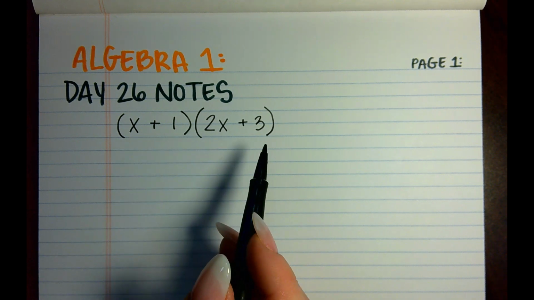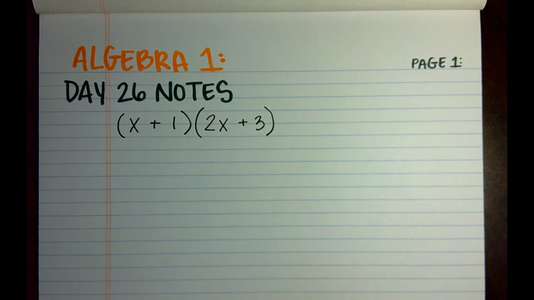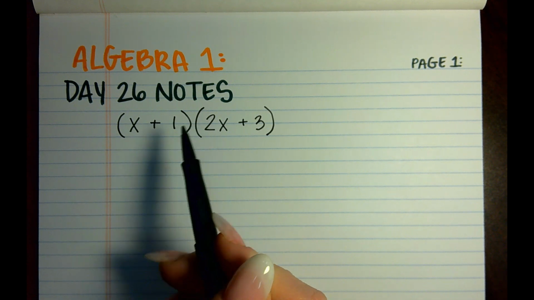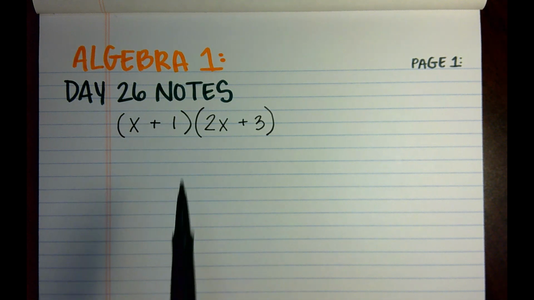Now, whenever I have two things in parentheses beside each other, what operation is happening here? Normally we would do what's in parentheses first. However, since we don't know what x is, there's not a lot we can do in that parentheses.